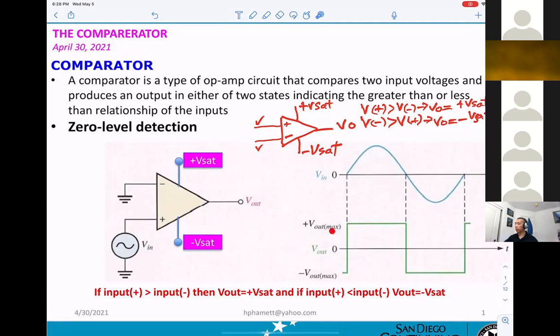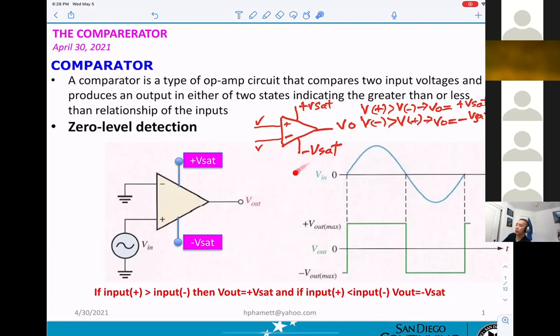We call that V out maximum. Then when you get the negative cycle, the input is negative compared to zero, so it will be less than zero. The negative input will be higher than the positive, so the output will go to the negative saturation.